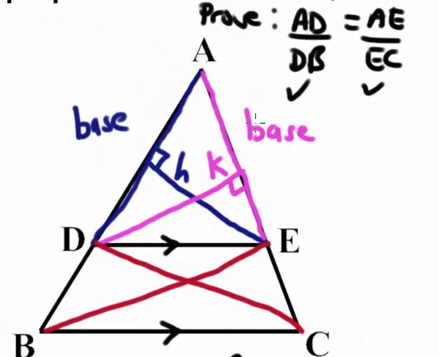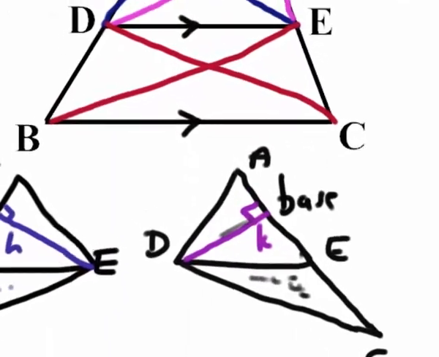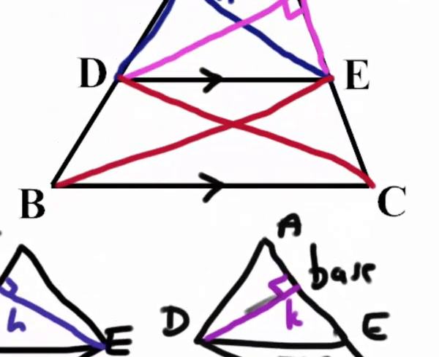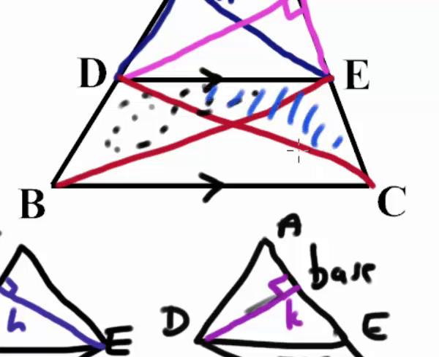Now, how do we get them to equal each other? Very simple. I want you to look at this. Do you notice something interesting here? If you look at this triangle here, this is BDE, and this one here is DEC. Do you notice that they actually have the same base? And that base is DE.